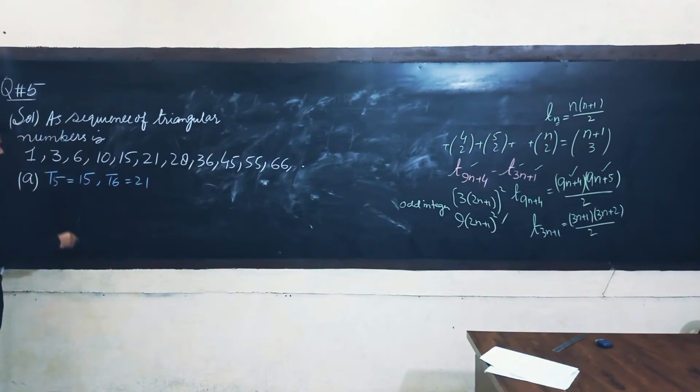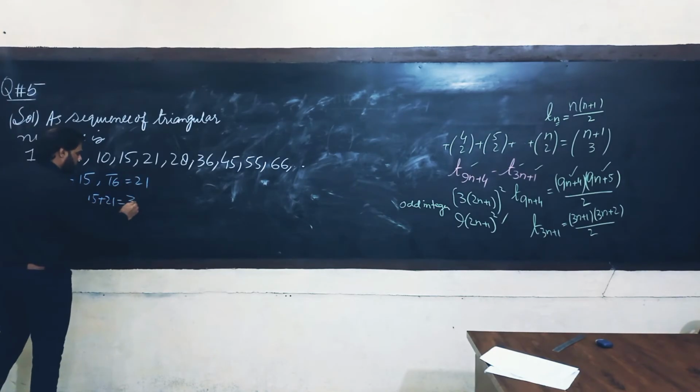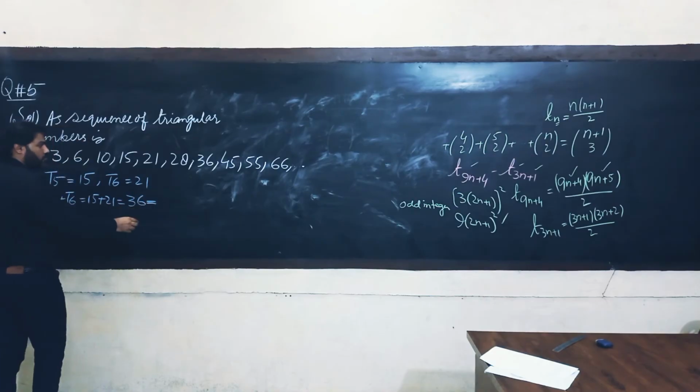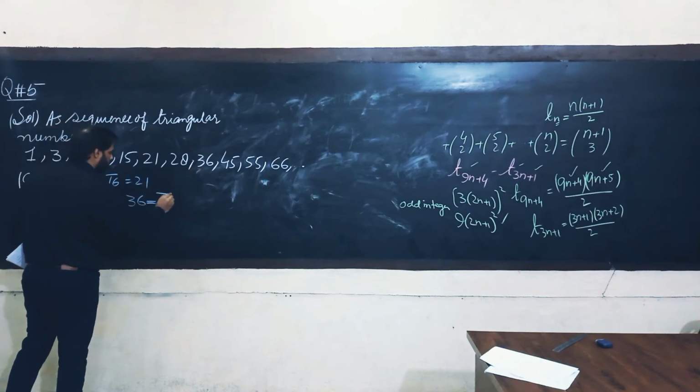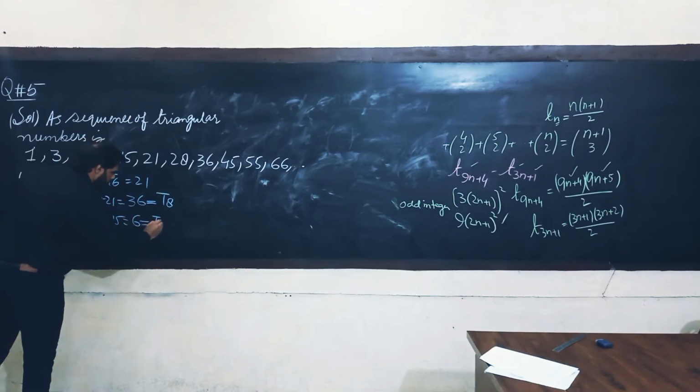You can observe that their sum T5 plus T6, 15 plus 21, is equal to 36, which is T8. Similarly, if you subtract these two numbers, T6 minus T5, 21 minus 15, this is equal to 6. That is the third triangular number, T3.